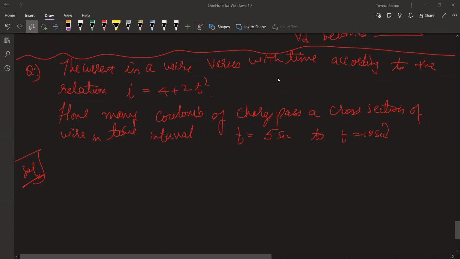Let's calculate. Divya? Sir, I used I is equal to dq by dt equation. Ah yeah, that is true. You have to do that only. Check again. Maybe my book says 603, and you got 810.